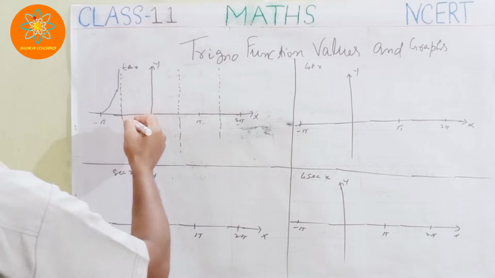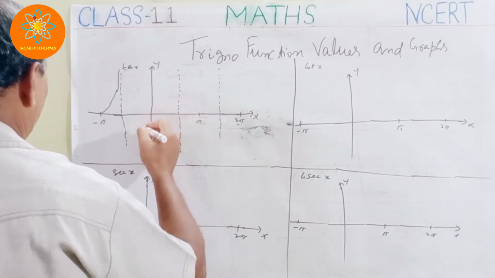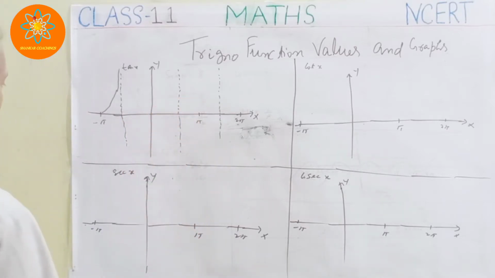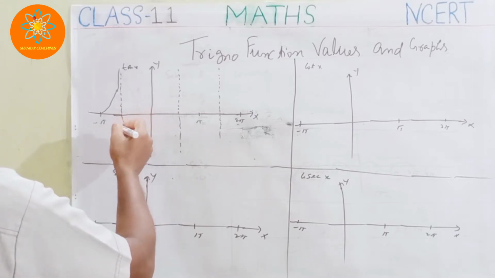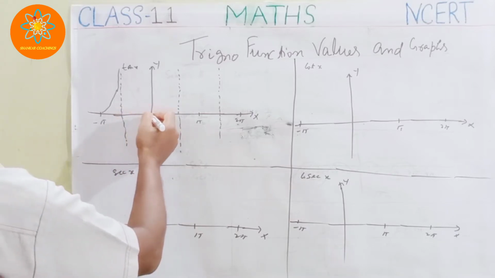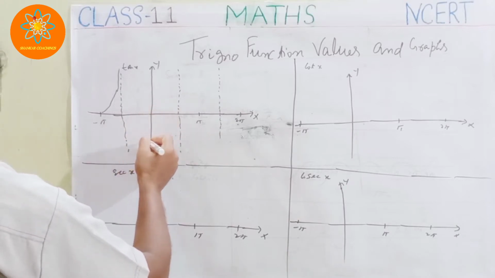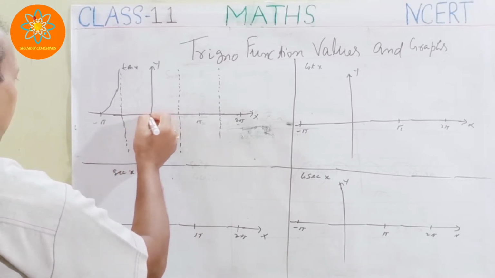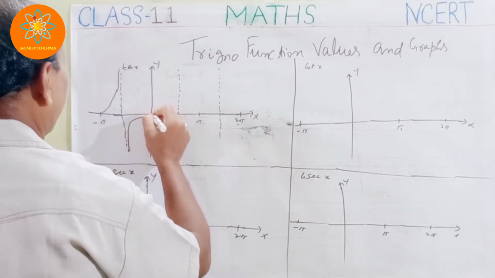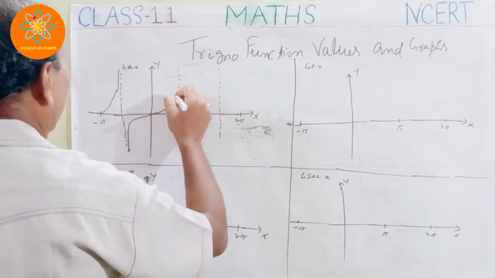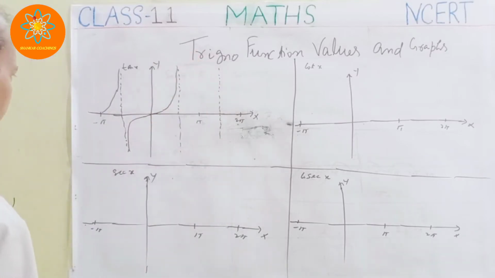So how to write that one? This point is minus pi by 2, so it is not defined. Similarly, here it is not defined. So I can draw the graph. This will be like this. Here it will be not defined. So this will be like this.